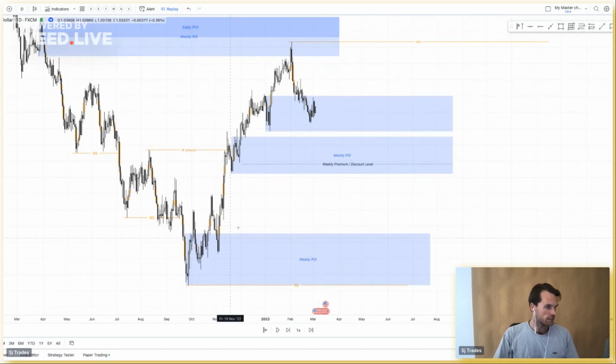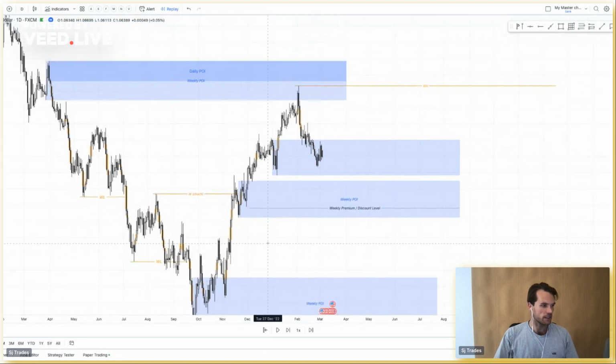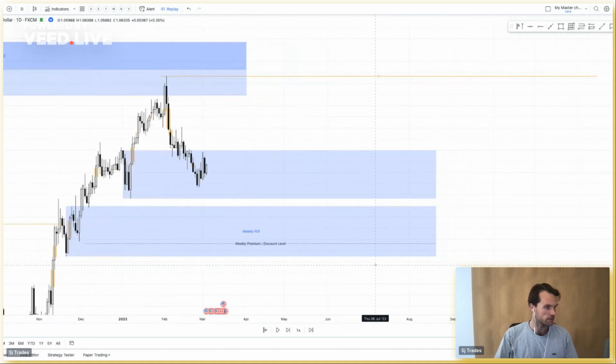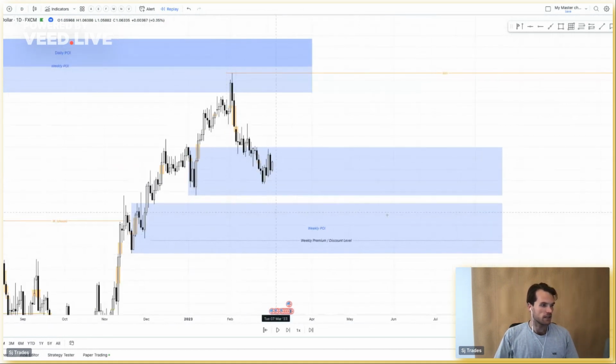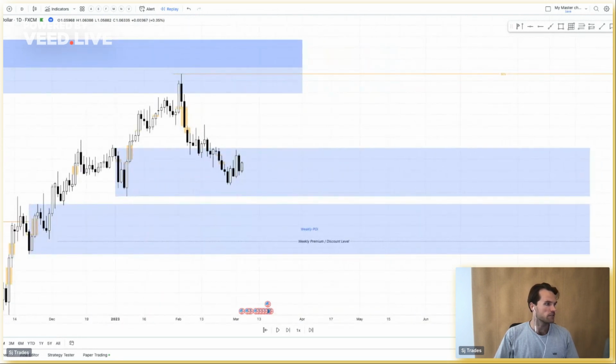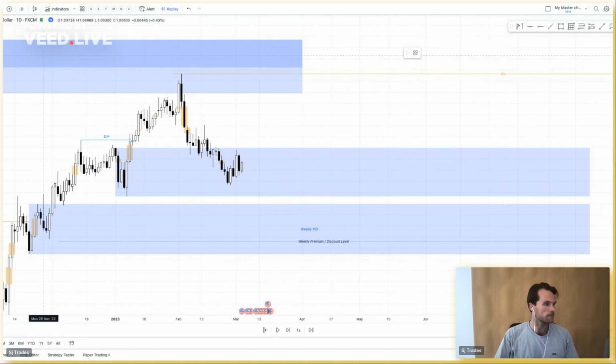So in terms of daily, probably not going to mark up anything really down here yet. It's so far away, it's not really relevant. And even in here, it's not really that relevant. So pretty much just to get the structure of the last, we had this with a daily high broken, a lot of wicks.